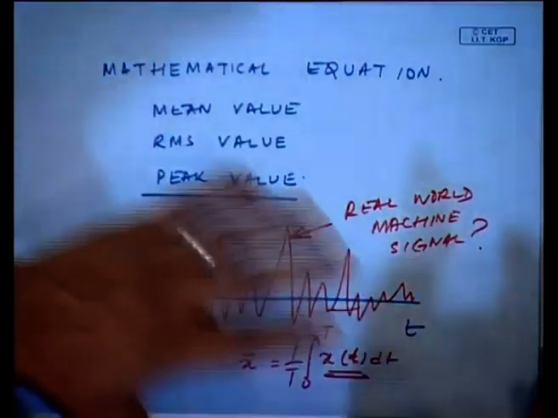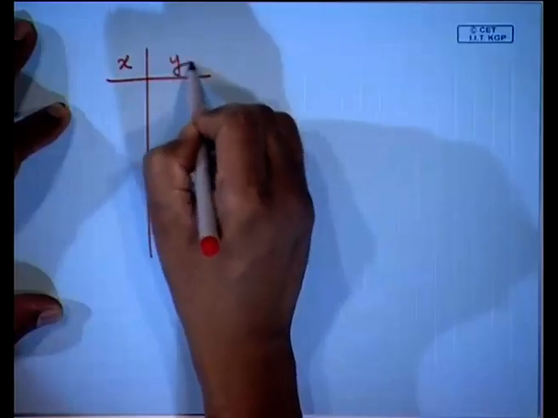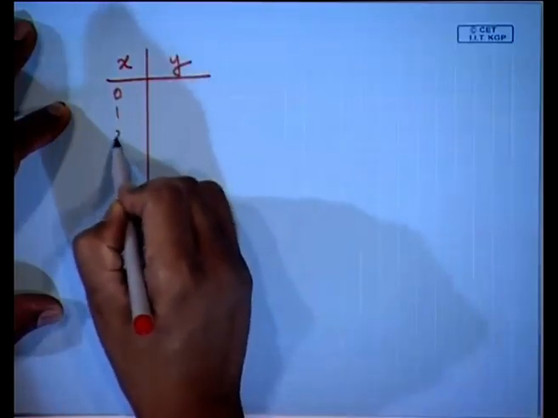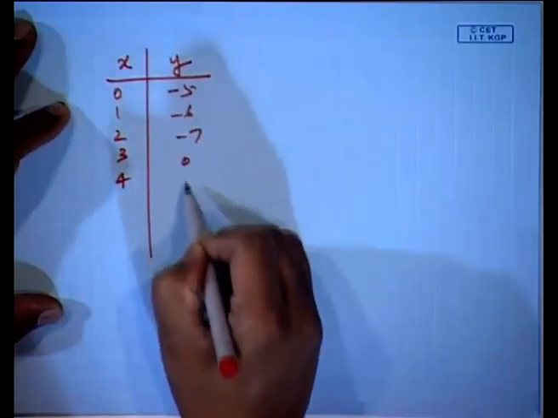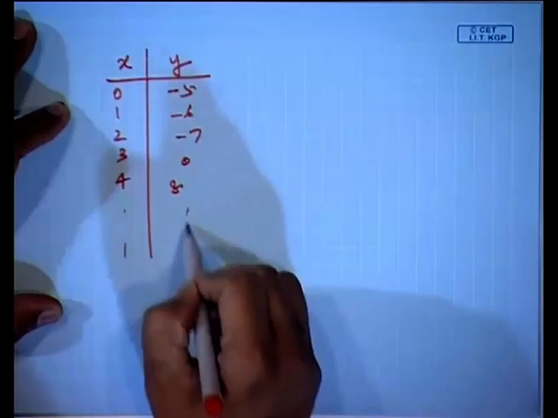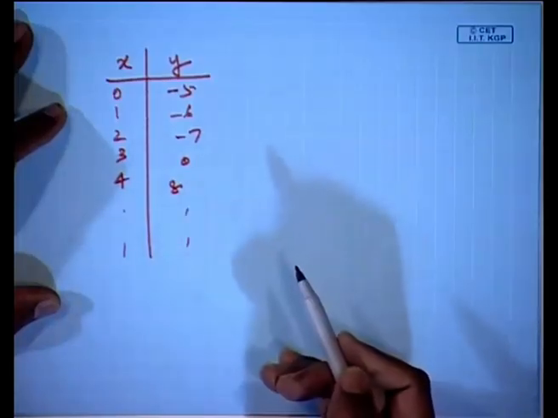Well, there are very easy solutions, nothing to be worried about. We will find out how we can do such analysis. For example, I will just give an example. All of you must have used Excel. Okay. So, in Excel, if I give you x and y values, you have say 0, 1, 2, 3, 4. I give you few numbers randomly, etc. And now, in Excel, I can always ask you to find out the mean value of the signal.